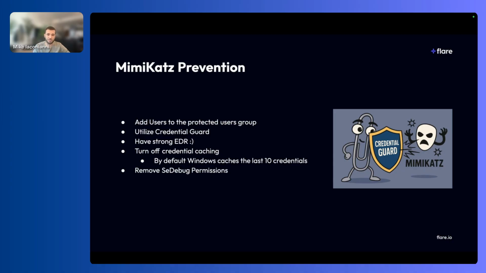So Microsoft has a Protected Users group, which essentially prevents older types of authentication from being used. Credential Guard is Microsoft's big push as well. Credential Guard is virtualizing the LSASS process to make it harder for Mimikatz to be able to extract the credentials from it.